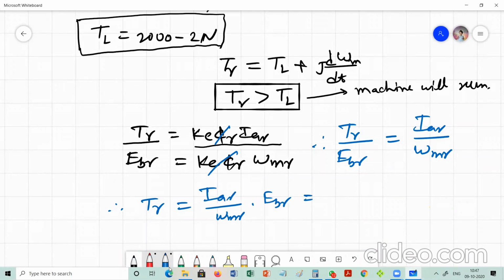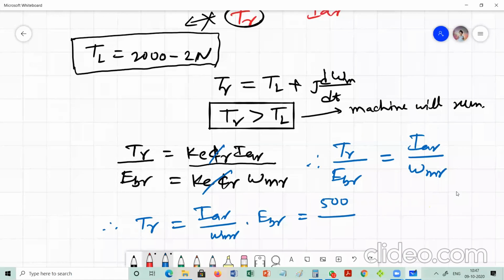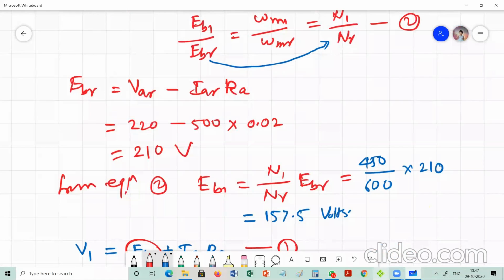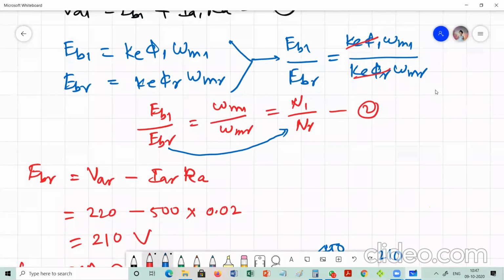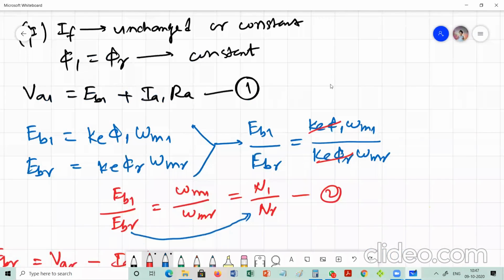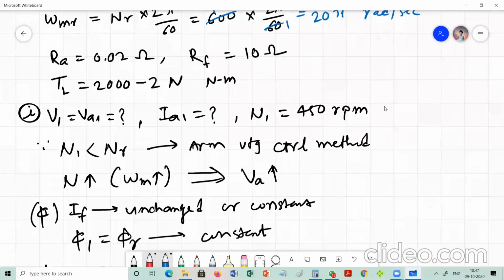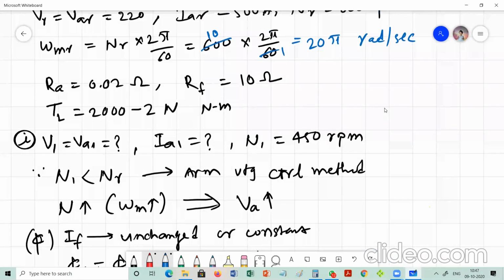IAR they have given equal to 500. Omega mr we have calculated, because they have given the speed in RPM, and for this equation we have to take omega mr in radian per second. It is equal to 20 pi here.